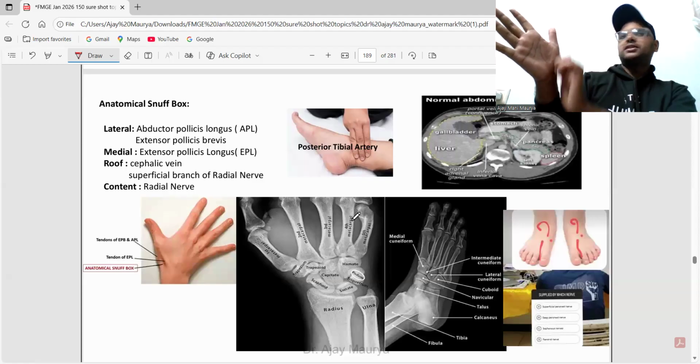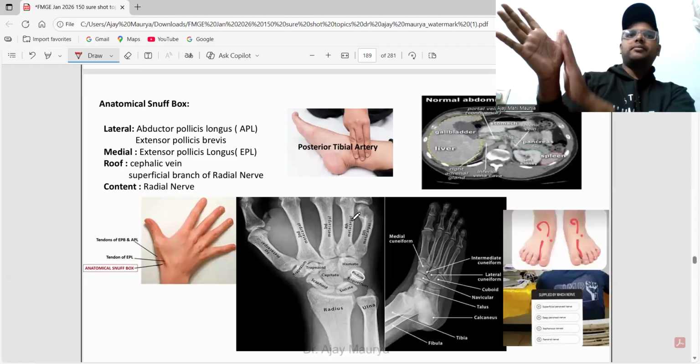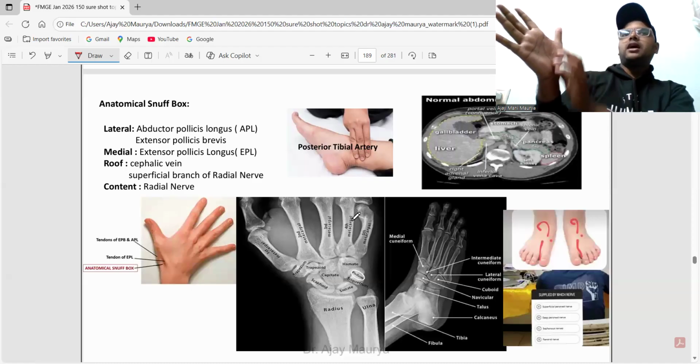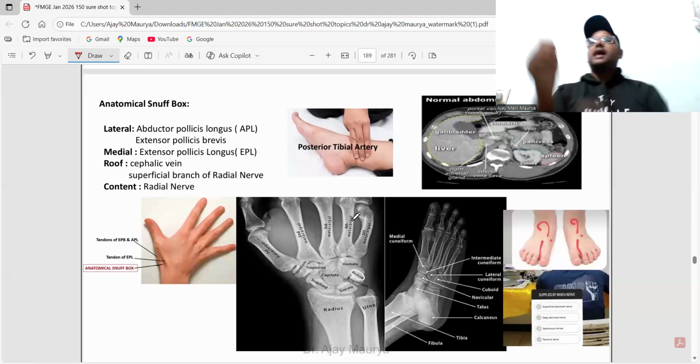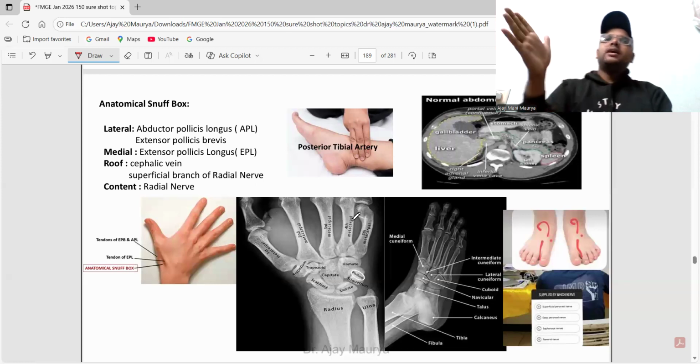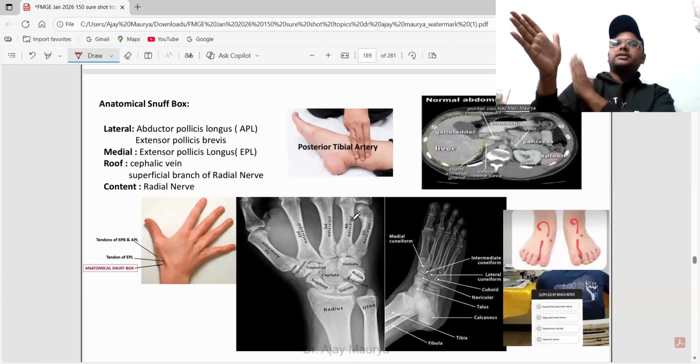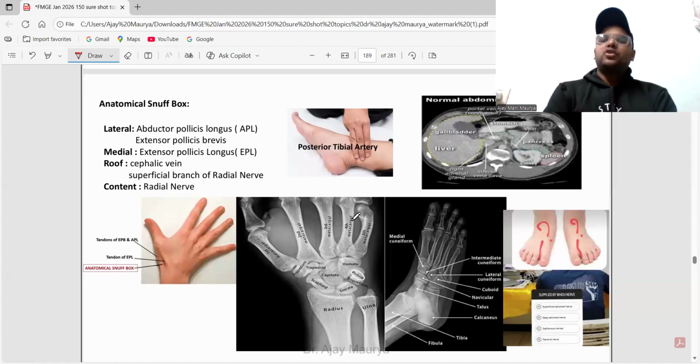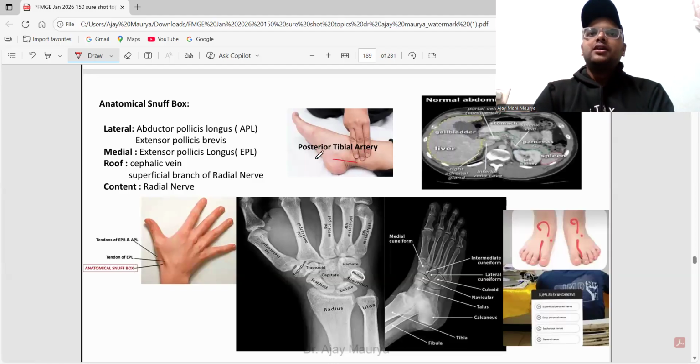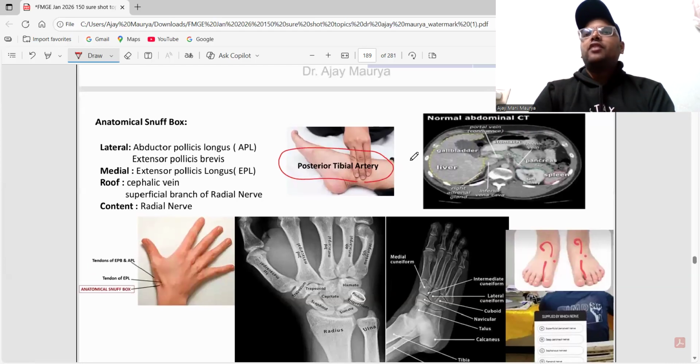This is the longest one, the abductor pollicis longus, and the extensor pollicis brevis. Medially there is no abduction, there is an extension: extensor pollicis longus. Roof is the cephalic vein, content is the radial artery. That's it. Here, the posterior tibial artery is being palpated.